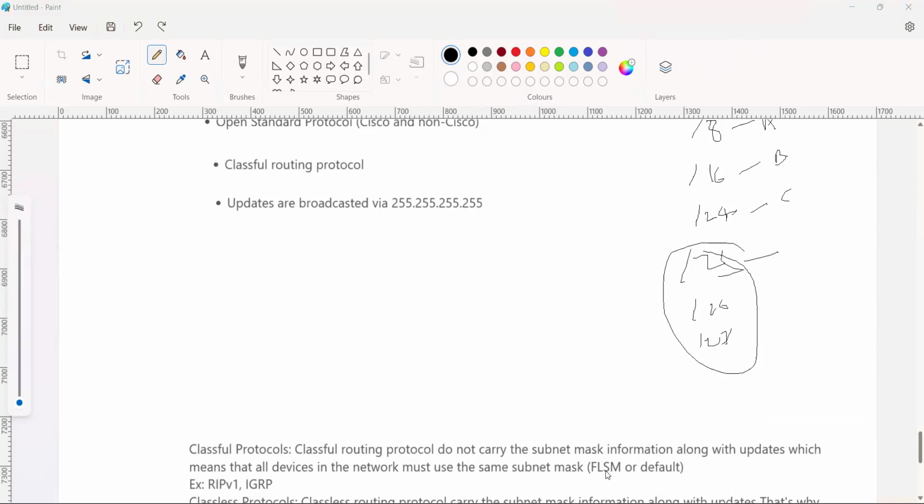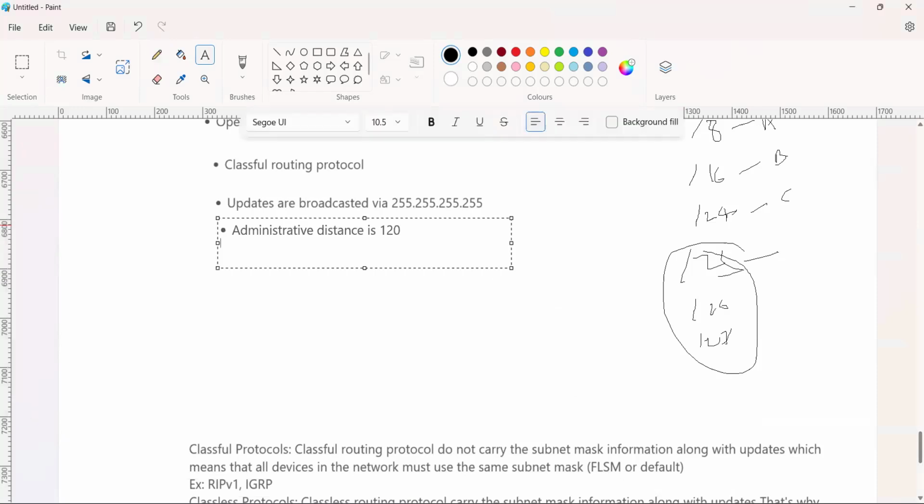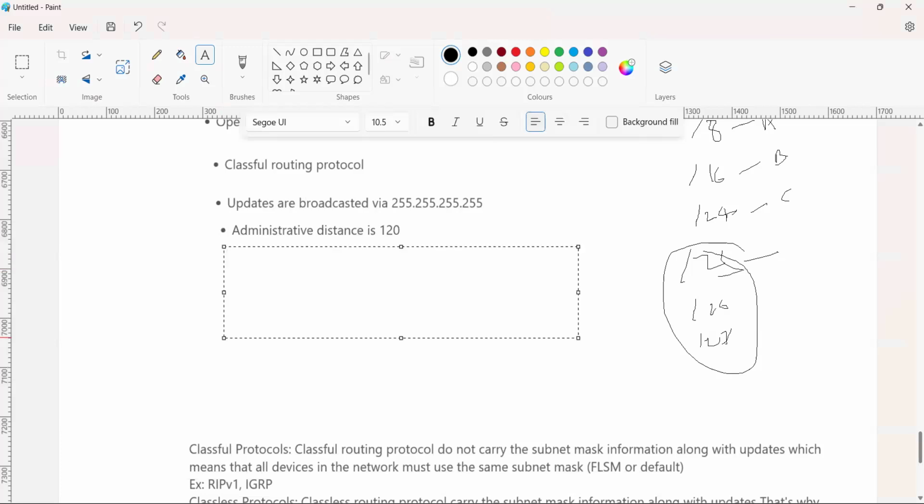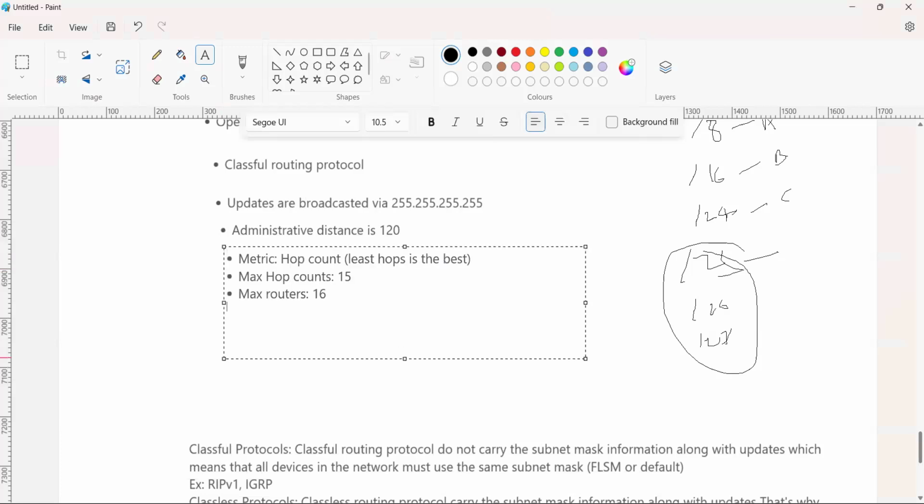And the AD value we discussed, RIP has the AD value of 120. Then we'll discuss the metric. The router elects the path based on the metric, that is hop count.